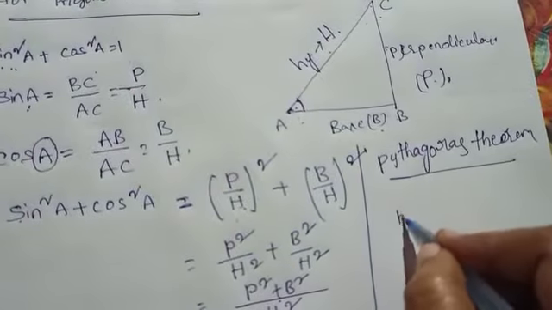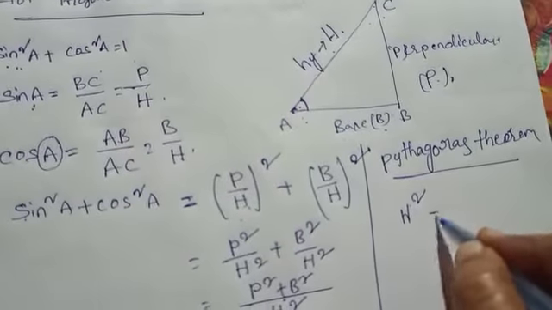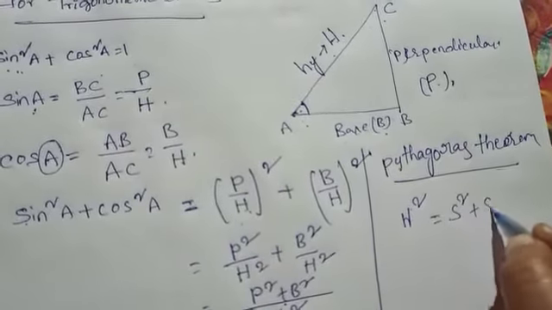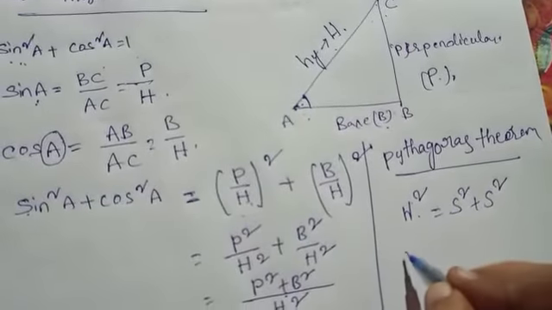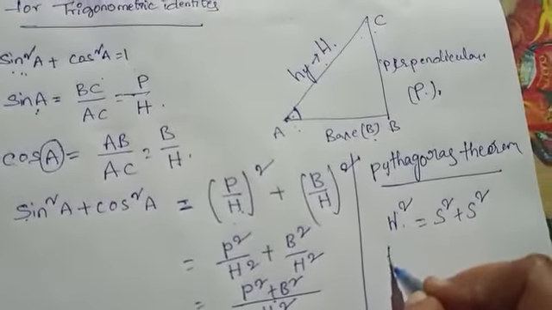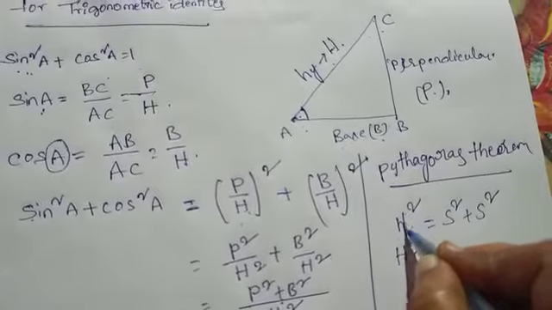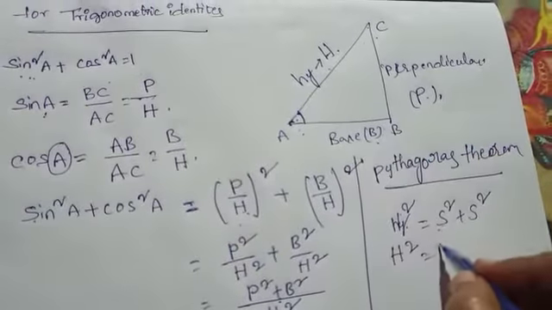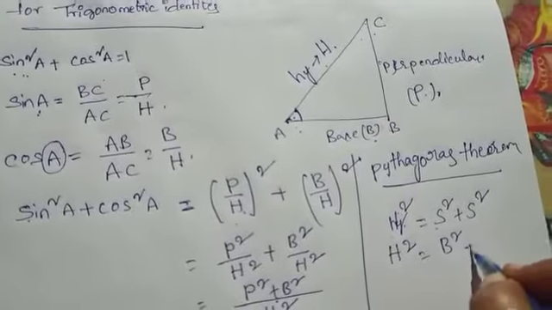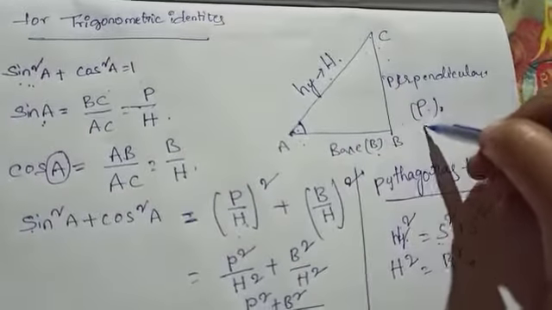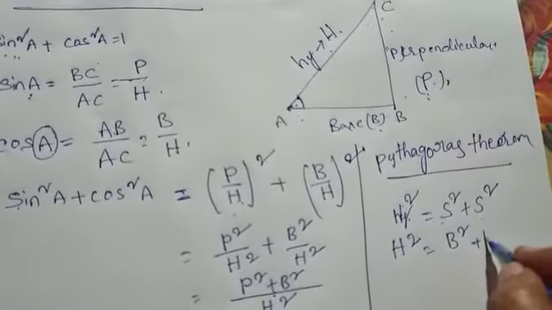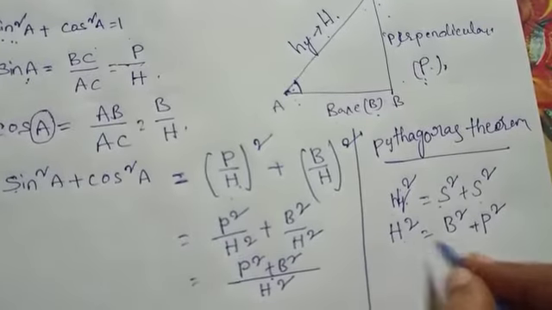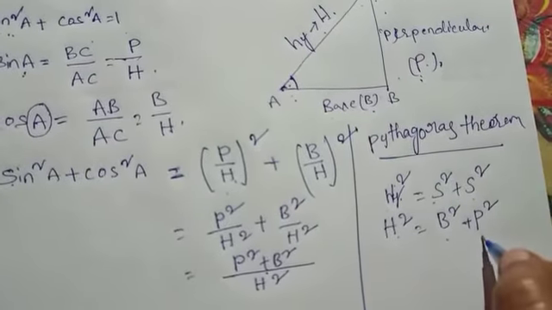Hypotenuse square equals side square plus side square. Hypotenuse is H square, and the sides are AB, the base, B square, and the other side P square. H square equals B square plus P square.